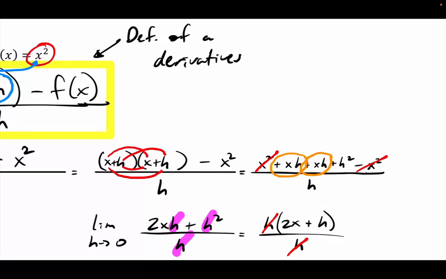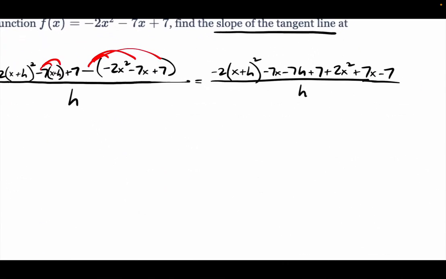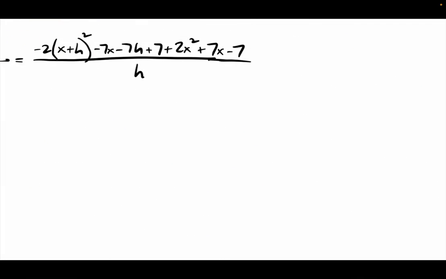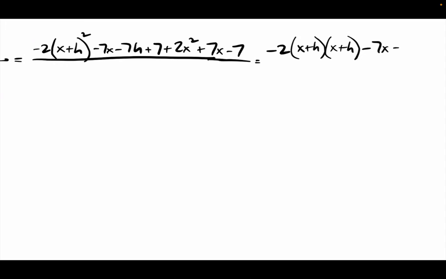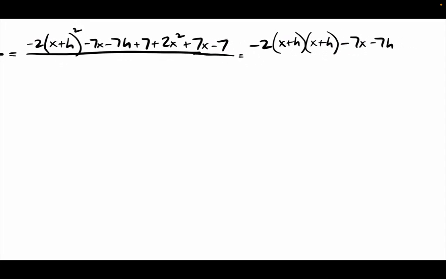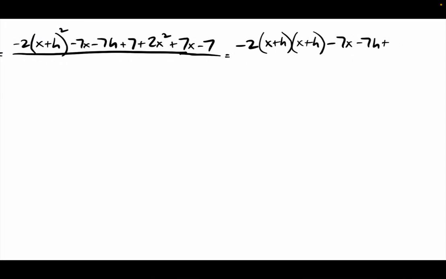You can do it again if you want, but you're going to get the same answer. Negative 2 times x plus h, x plus h, right? And then everything else. A lot of this stuff is going to cancel out. So it's not going to all stay up there, but it can't cancel out until I'm done with all the parentheses.